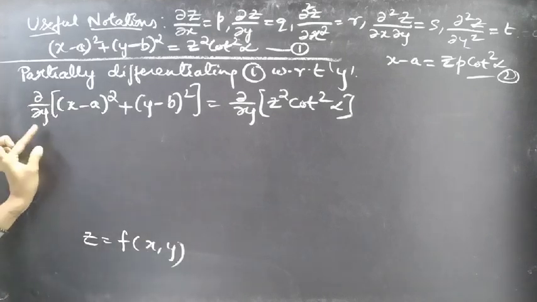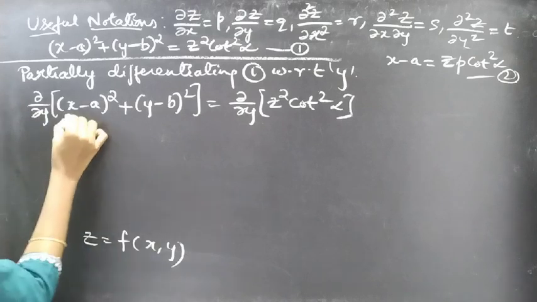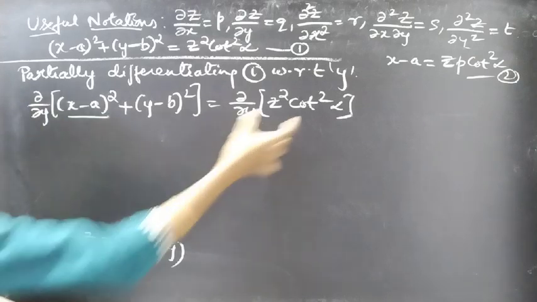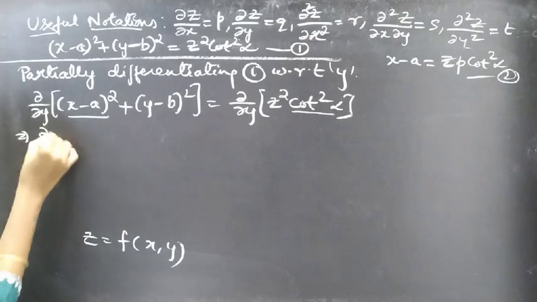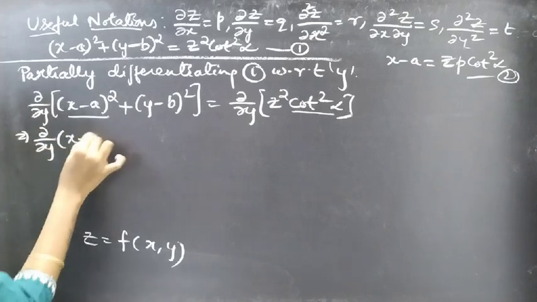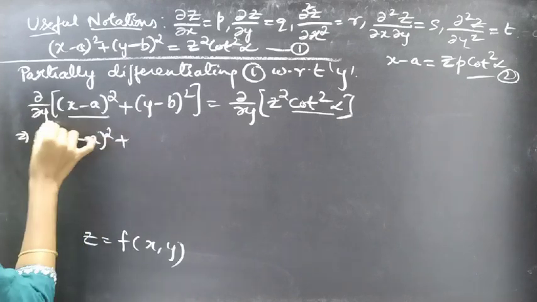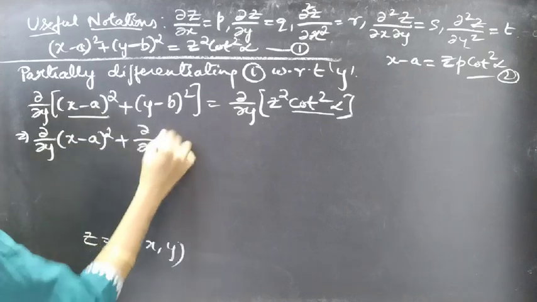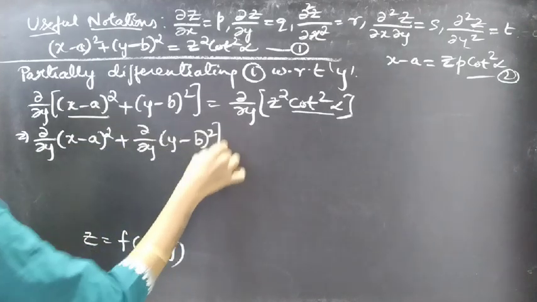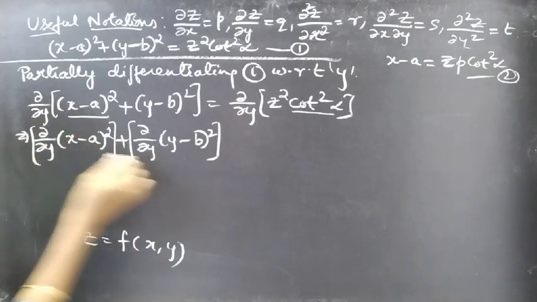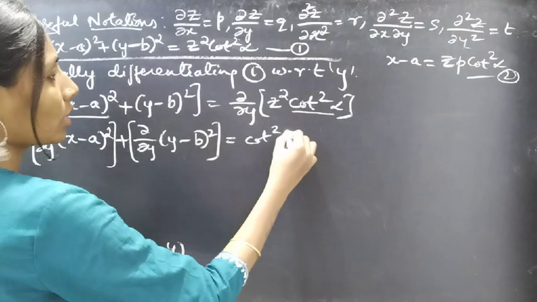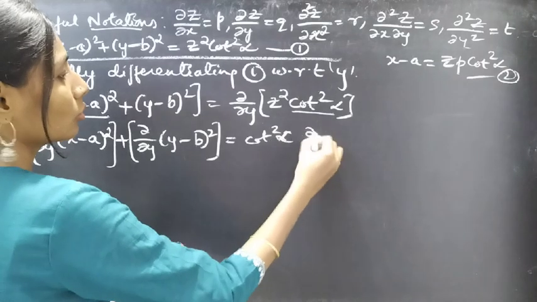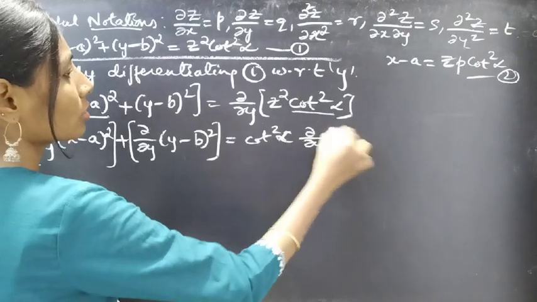Here we are partially differentiating with respect to y, so we'll treat x as constant. Here (x minus a) whole square is constant, and cot square alpha is constant. Now we'll write this as dou by dou y of constant plus dou by dou y of (y minus b) whole square, where b is constant, equal to the constant cot square alpha into the partial derivative of z square.